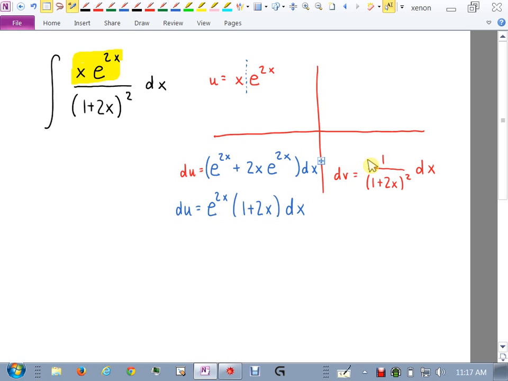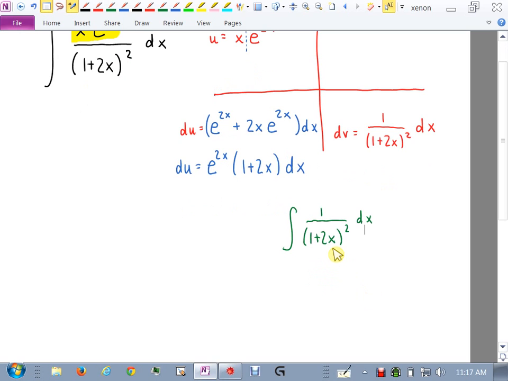Now I need to get my v, so I need to go up from here. I'll do that as scratch work. I'm trying to integrate 1 over 1 plus 2x squared dx. This I can do with the basic substitution, which I would normally not show, but I'll do it real quick. If I let the entire expression in the parentheses be my u, the derivative of that is 2 dx.